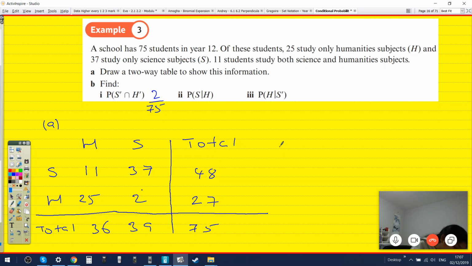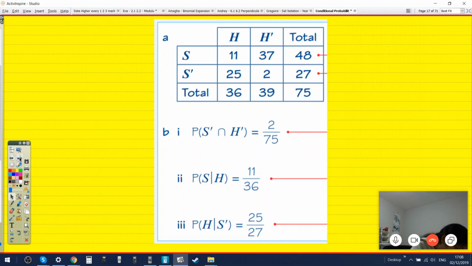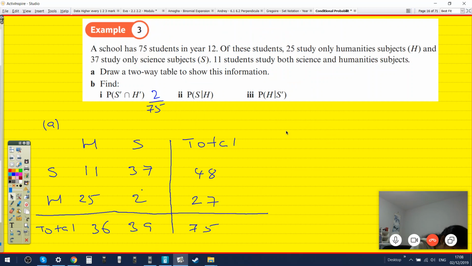And then the second one, I got 11/36. Okay. Third one.